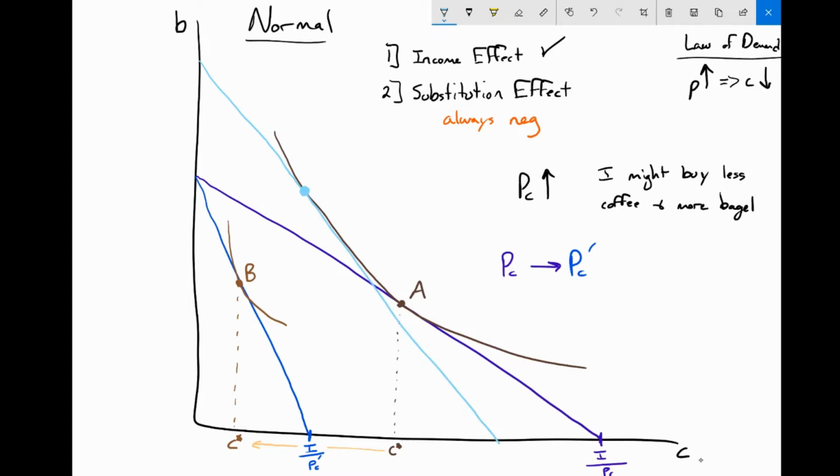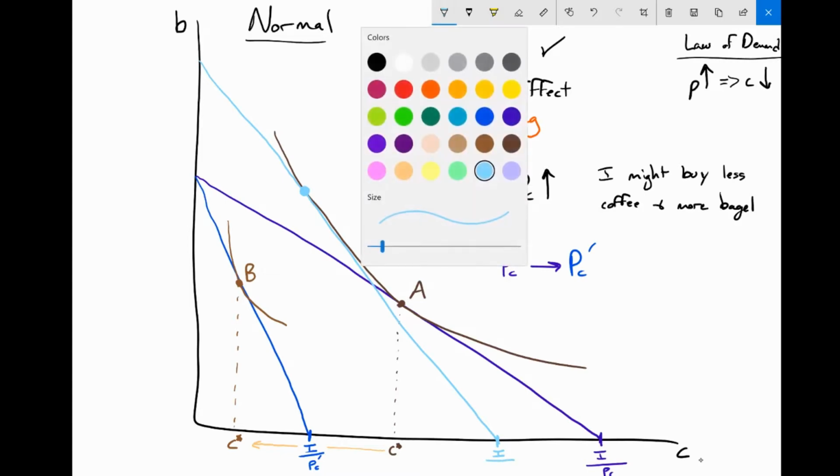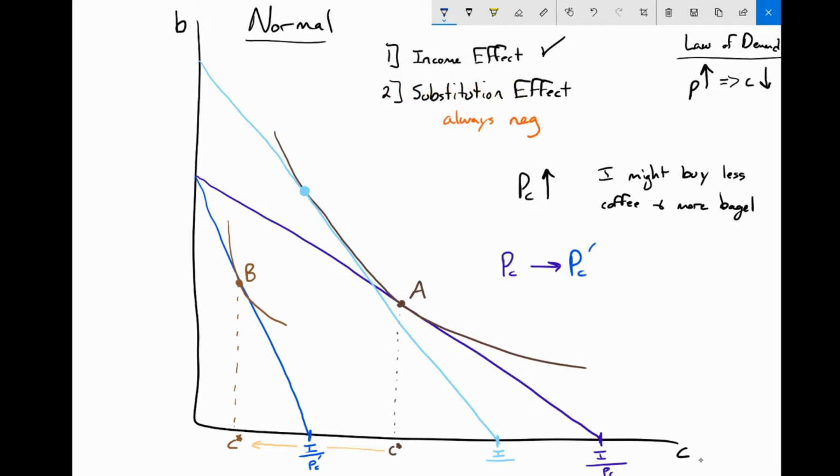So here's the idea. Imagine that the price of coffee still goes up, but the income also goes up. So basically what we're saying is their income is being compensated. So the price goes up from PC to PC prime, but they're given enough money such that they are able to consume a bundle, we'll call it bundle C, that is on the original indifference curve.